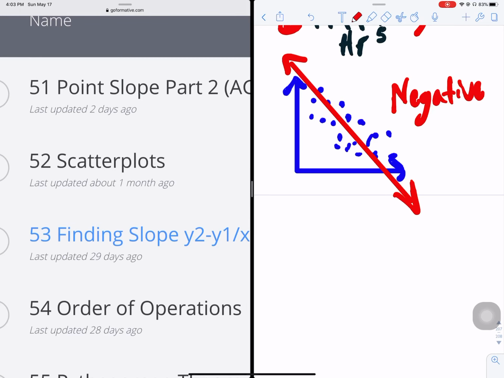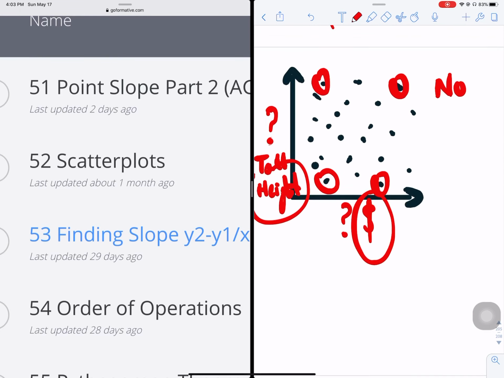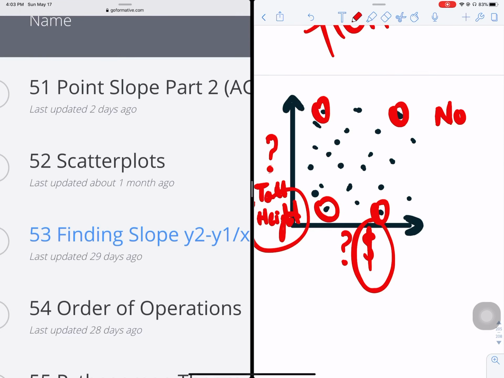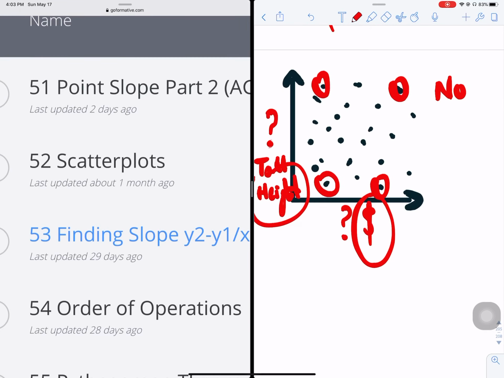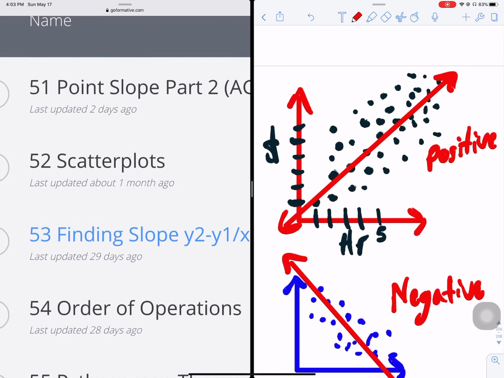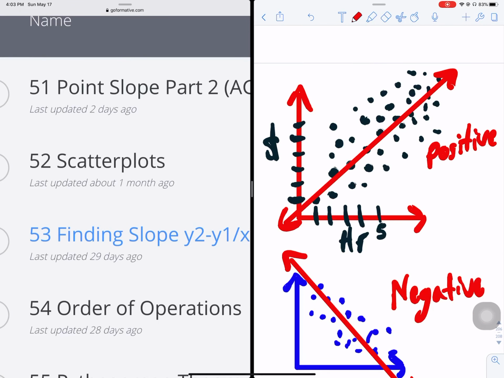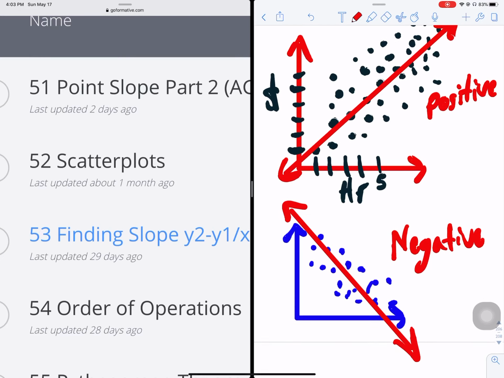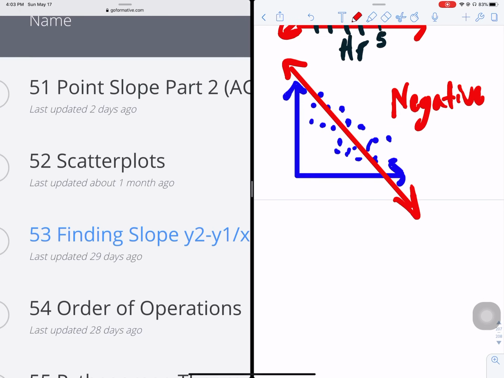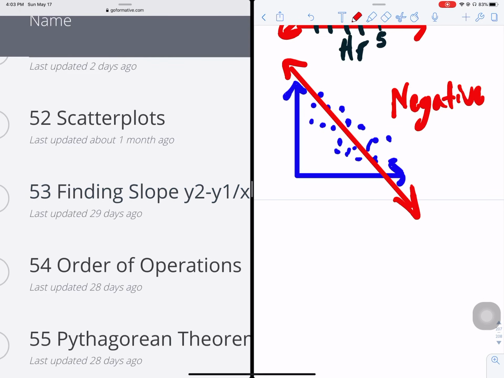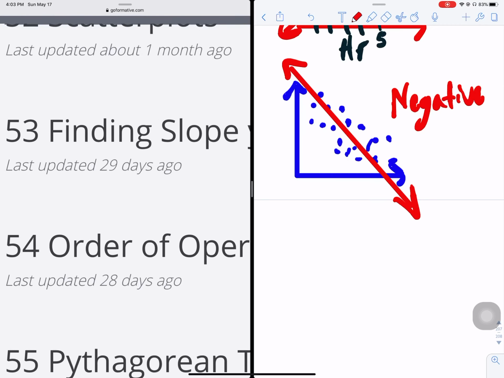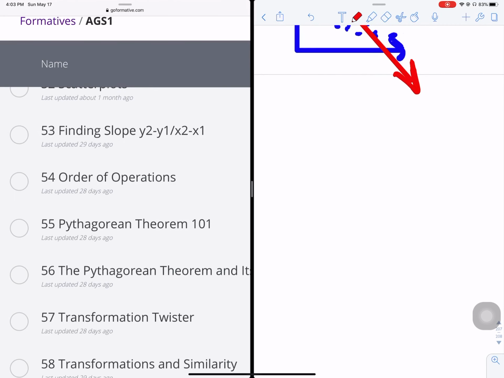So review, there's only 3 of them. No correlation, all over the place. Positive correlation, it's still all over the place, but it is trending upward to the right. And then this is a negative correlation down to the right. That's scatter plots. Next lesson is 53.